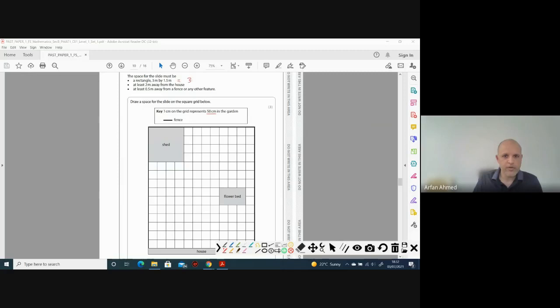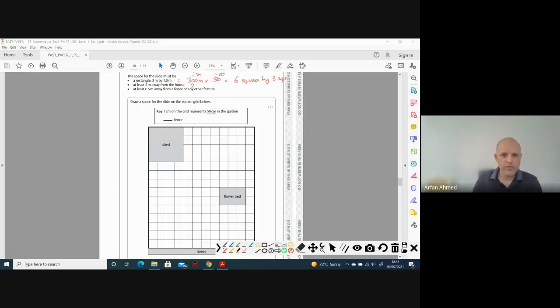So 3 meters is 300 by 150, so if you divide that by 50, that'll tell you how many squares you need. You can use your calculators for this. You should get 6 squares by 3 squares. That's how big it's going to be on the grid. So I'm going to need 6 squares by 3 squares.